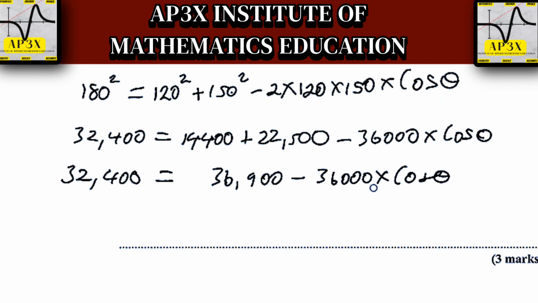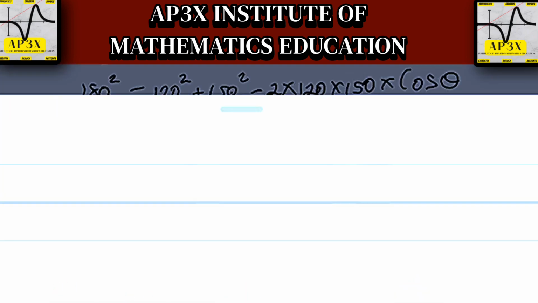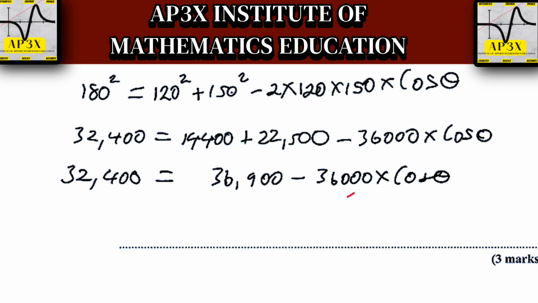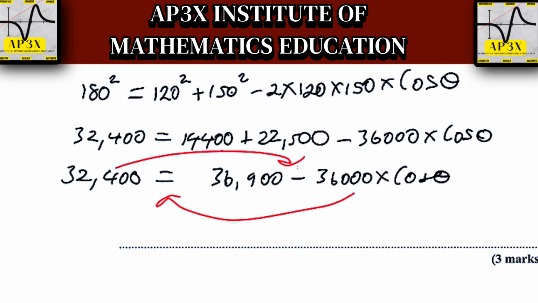Remember that the 36,000 and the cosine theta are attached by the multiplication sign. What I prefer telling students is to carry the negative cosine theta to the right side and bring the 32,400 to the left side, because it keeps my cosine positive.